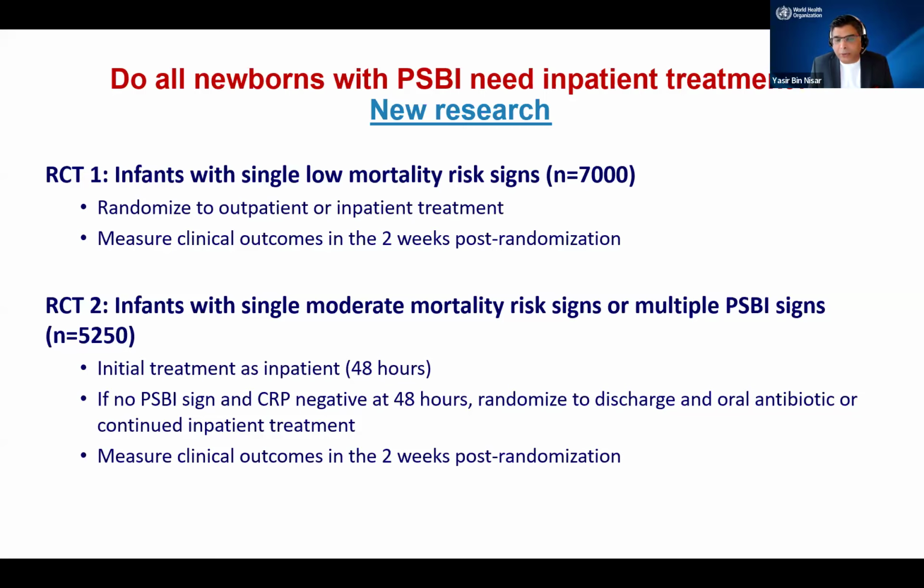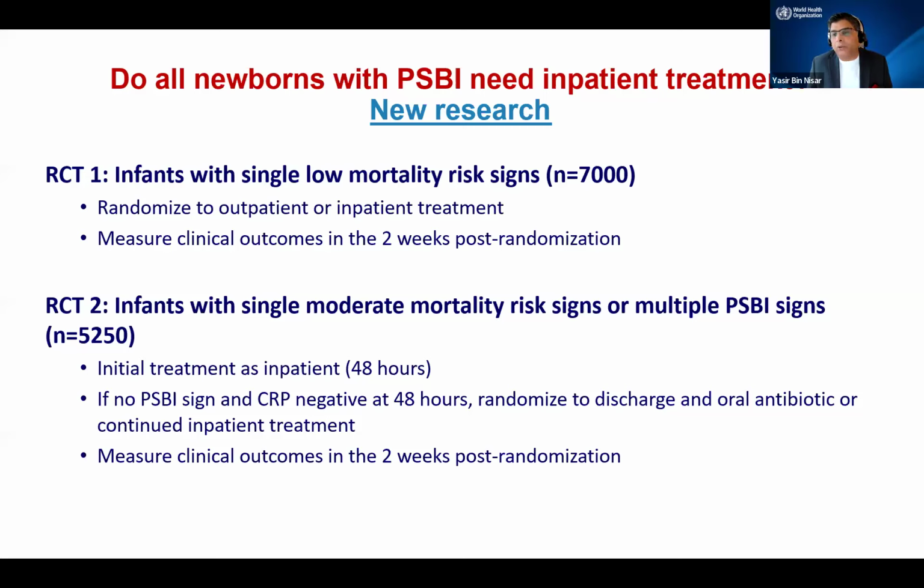In the second trial, we have seen, even in the secondary analysis, that the first 48 hours are crucial for young infants admitted in the hospital, and most of the mortality happens in the first 48 hours of admission. We usually start empirical antibiotics, but unfortunately there is no guidance from WHO on stopping antibiotics.